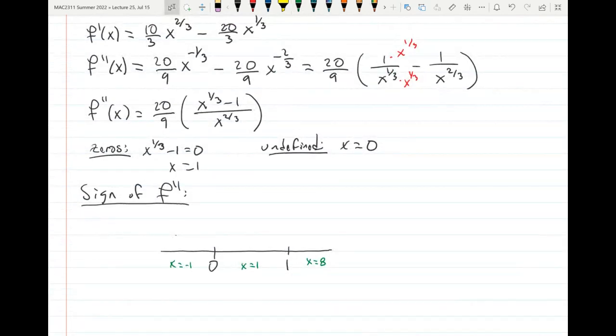So if you put -1 here, what's going to happen? The top is going to be negative. By the way, notice that this bottom here is always positive, right? Because of the square. Because of the 2 over 3, the 2 in the numerator, that's the square, so that makes things positive. So really, the numerator is the one that tells me what's going on. So you put a -1, you get a negative. You put a 1.